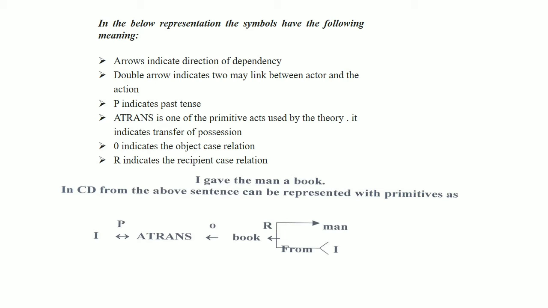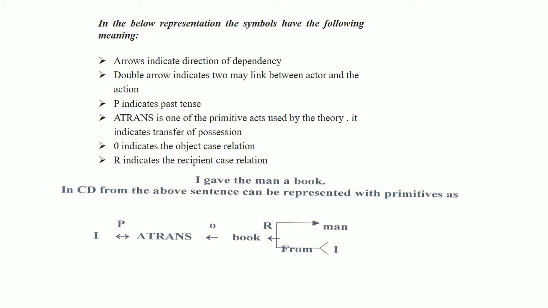The double arrow is indicated. And here the recipient case relationship is indicated by capital R, and that indicates that from me, the book has been given to the man. I give the book to the man. So it goes from I to the man. Who is giving is indicated by an open arrow, and who it is given to is indicated by the arrow raised to the man.